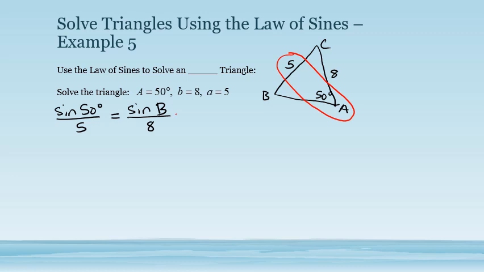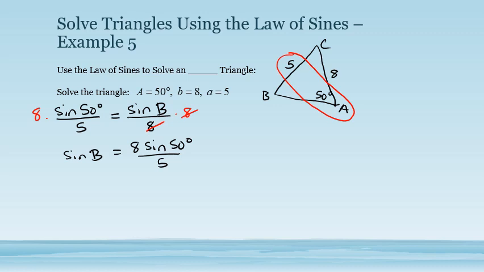And I'll cross multiply. Hopefully you're getting really good at this because we've done it several times. And so I'm going to get that the sine of B is equal to whatever 8 times the sine of 50 degrees over 5 is.